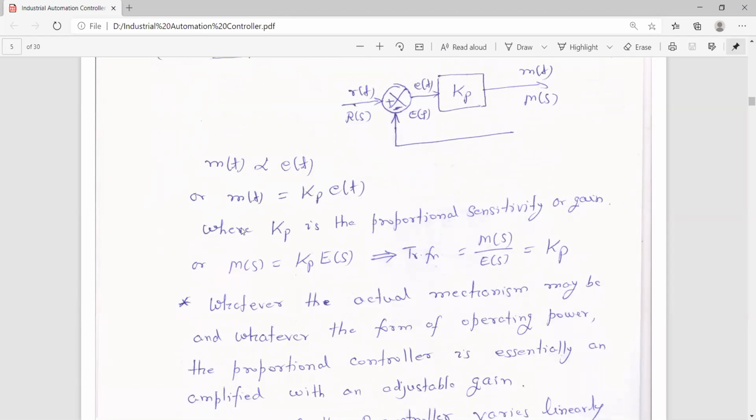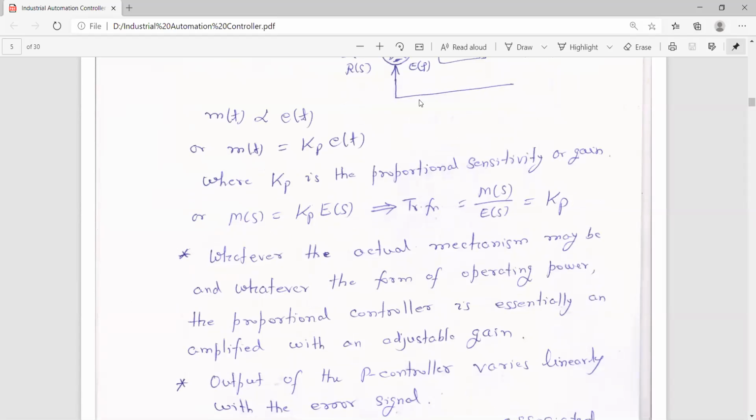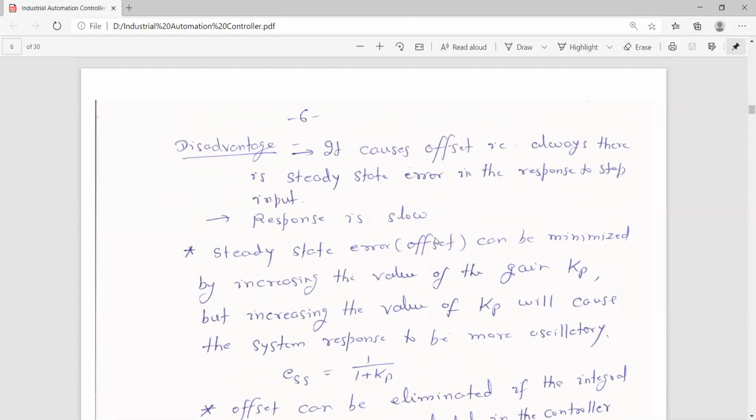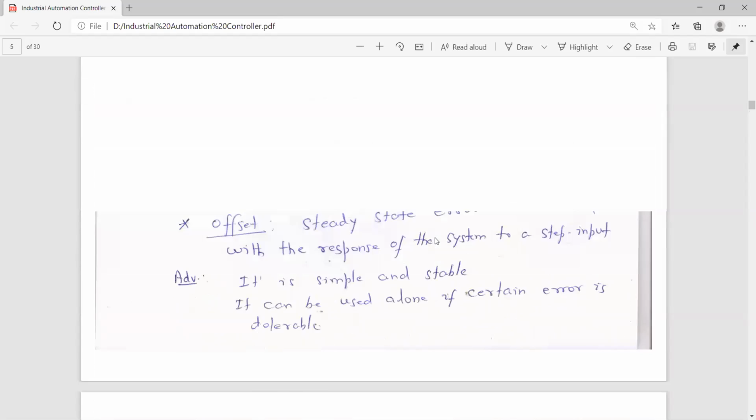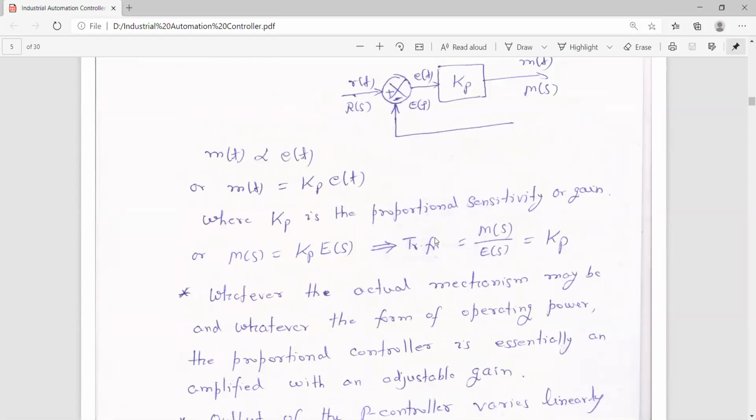If we take the Laplace transform, then MS is equal to Kp into ES. So we can find the transfer function, that is the ratio of the Laplace transform of output MS to the Laplace transform of input ES with zero initial conditions, which is equal to Kp. So here the transfer function of this controller, the proportional controller, is Kp.